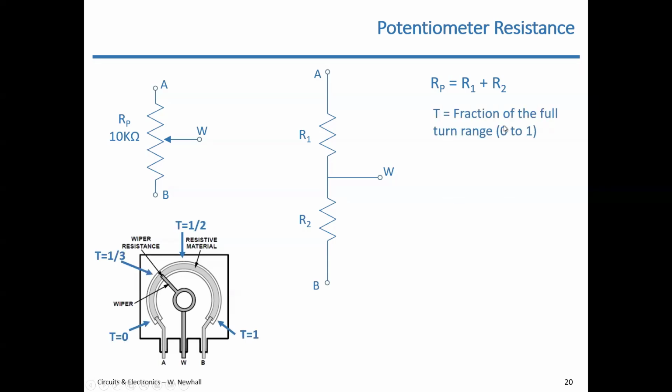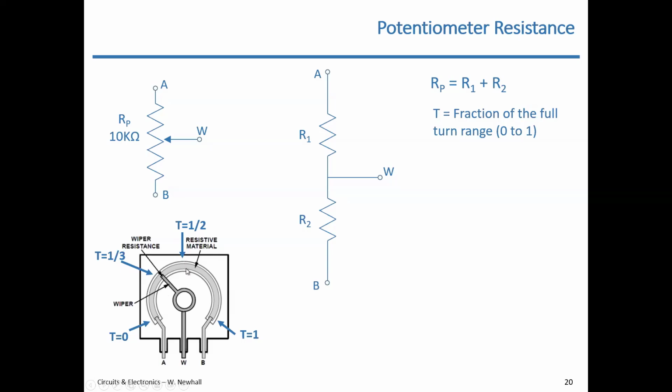T as the fraction of the full turn range. In other words, if I turn the wiper all the way to the left, I would call that, in this diagram, T equals 0. In the position it's in, that's about 1/3 of the way from A to B, so I might call that T equals 1/3.